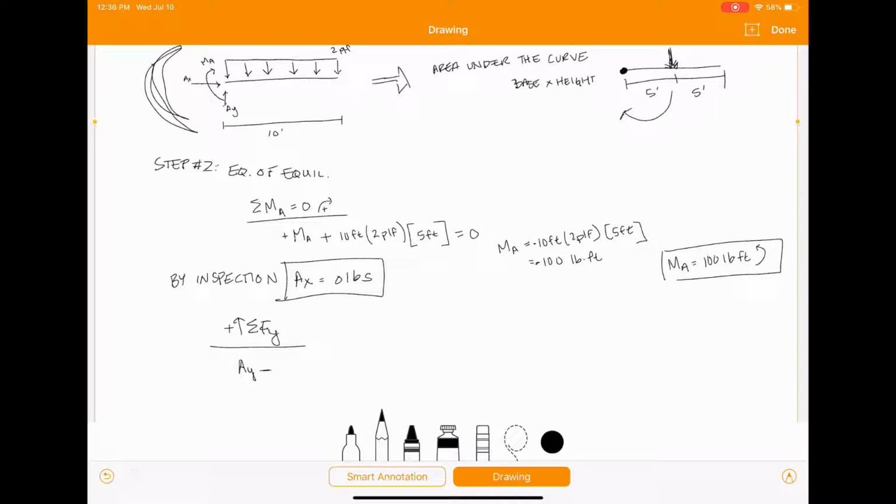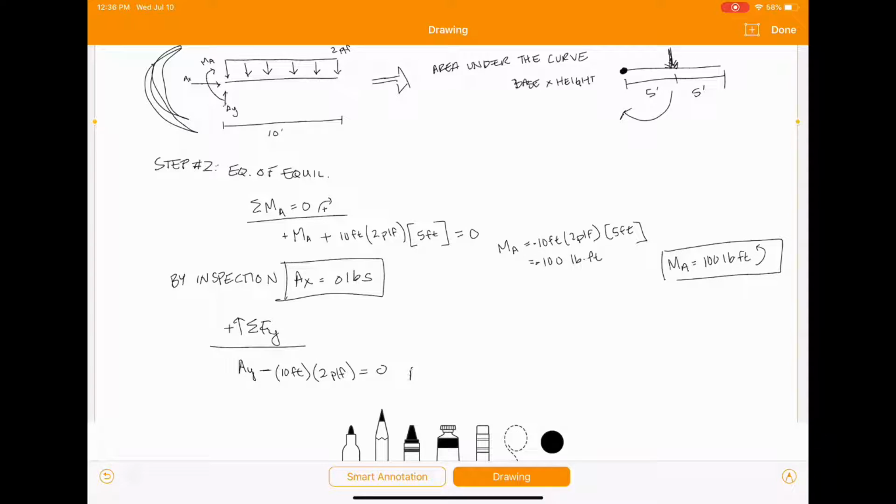Again, our force from that distributed load is going to be the area of a rectangle, which is just base times height. So base, which is our length, is going to be 10 feet. Our height is going to be 2 PLF. And we keep going, and those are the only forces. So that's going to be equal to 0.